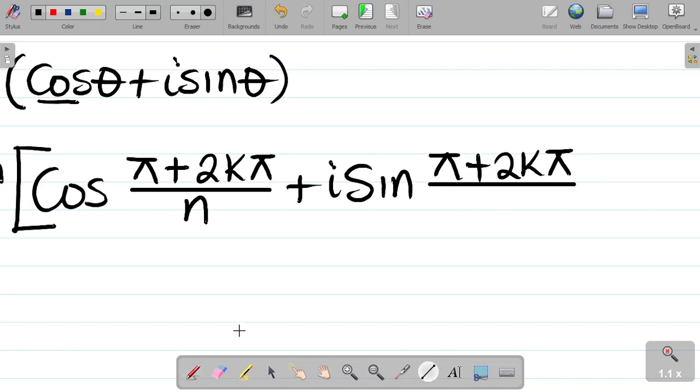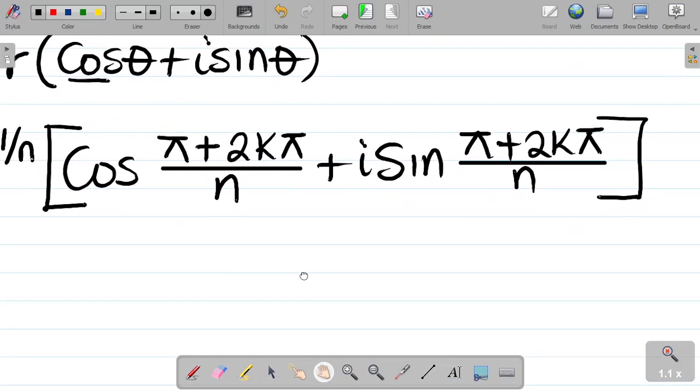I'm following the same order there: cos, theta becomes this, plus i, then sine, so theta becomes pi plus 2k pi all over n. Now here's the formula you use in calculating the nth root of a complex number. Okay, this is the formula.